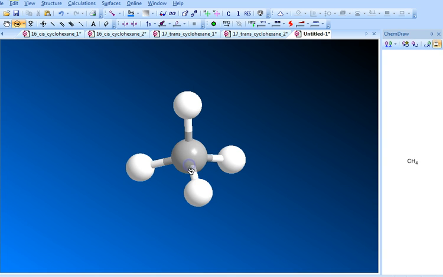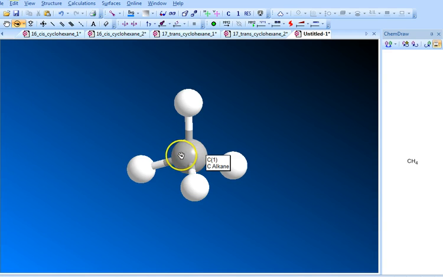It is called a tetrahedral arrangement because if you connect all the hydrogens, you get a tetrahedron. You have probably seen or heard of a tetrahedron in geometry. A tetrahedron has a pyramidal base and a pyramidal top.